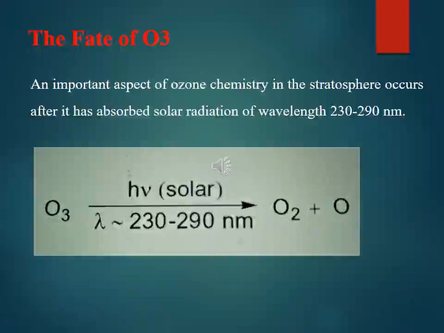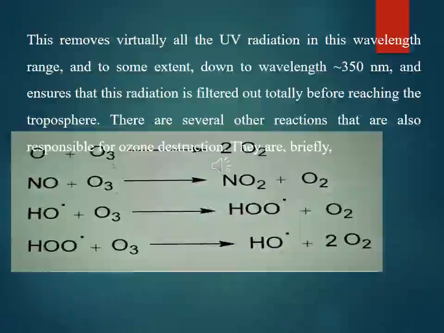This atomic oxygen is highly reactive and unstable and reacts with other molecules. This removes virtually all the ultraviolet radiation in this wavelength range, and to some extent down to a wavelength of nearly 350 nanometer, and ensures that this radiation is filtered out totally before reaching the troposphere.